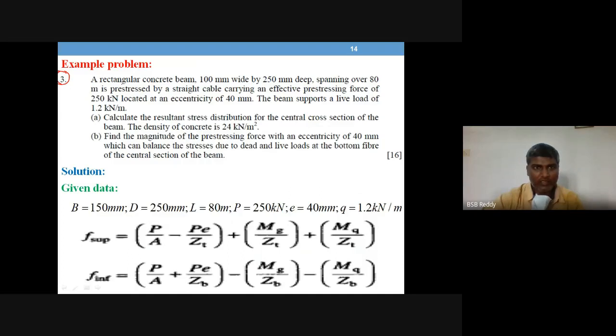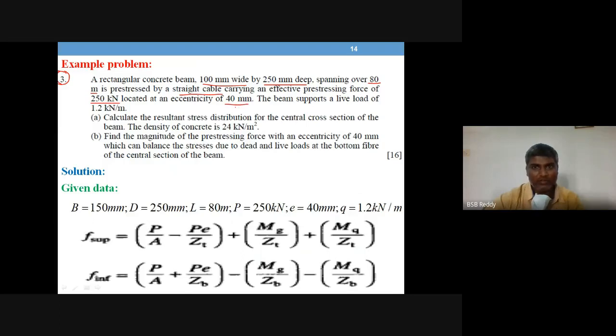A rectangular concrete beam, 100 wide, 250 deep, spanning 80 meters, is prestressed by a straight cable carrying an effective prestressing force of 250 kilonewton. The tendon is located at an eccentricity of 40.